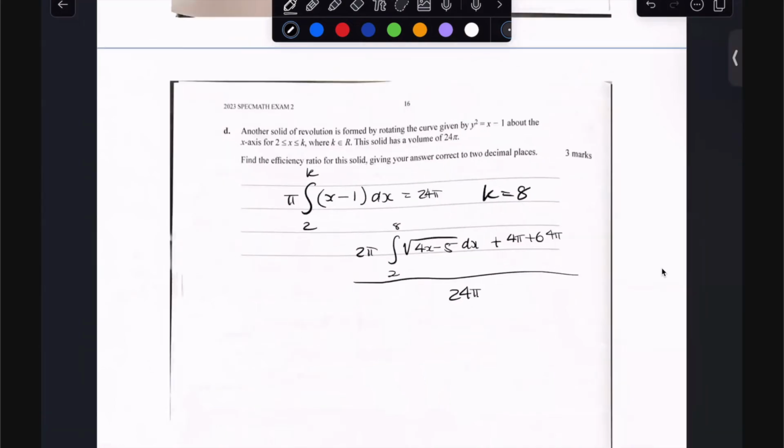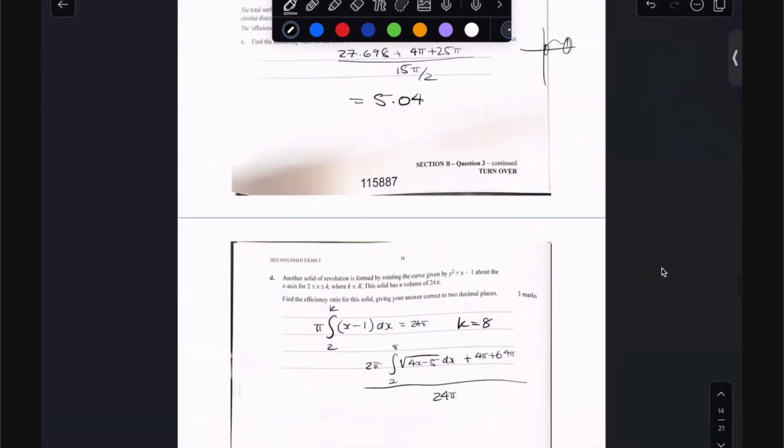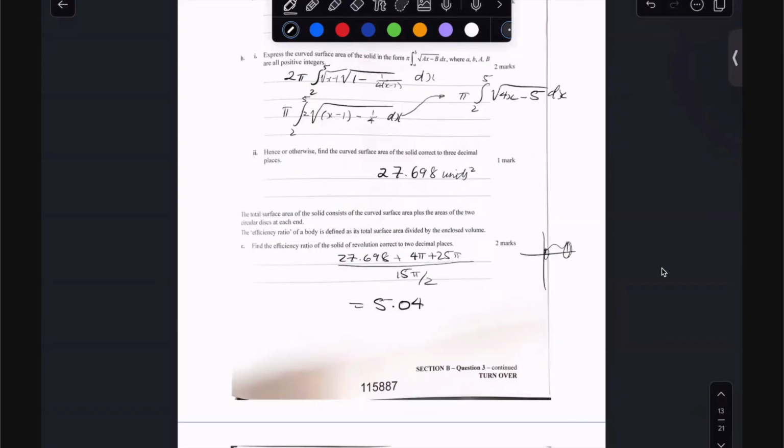Just want to check that. So it's 2 pi. Oh, I made a mistake. The 2 went inside to give that.